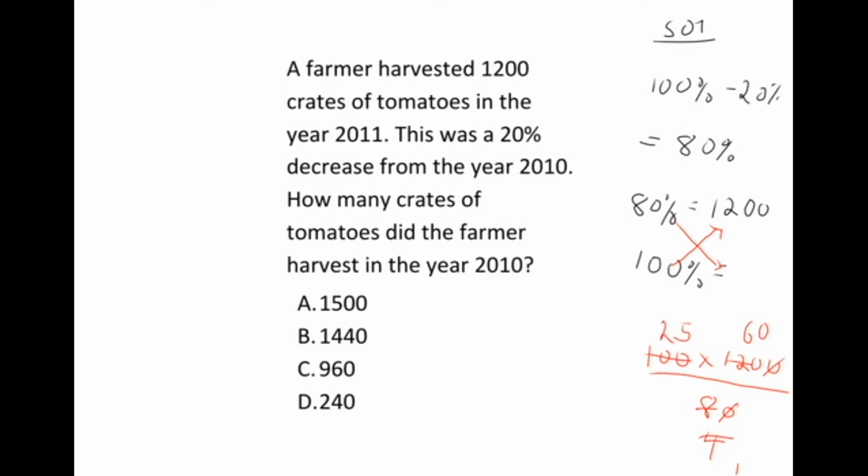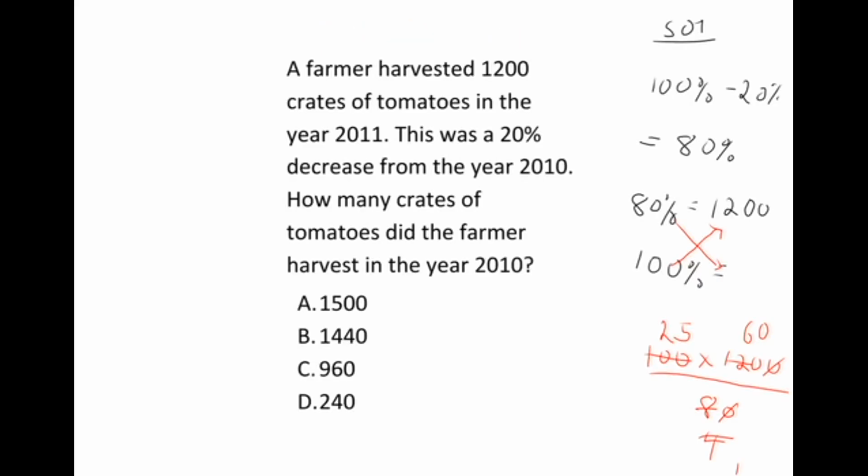Then, we multiply 25 times 60. 25 times 60 will give us 1,500. Therefore, our correct choice is A, 1,500 crates of tomatoes.